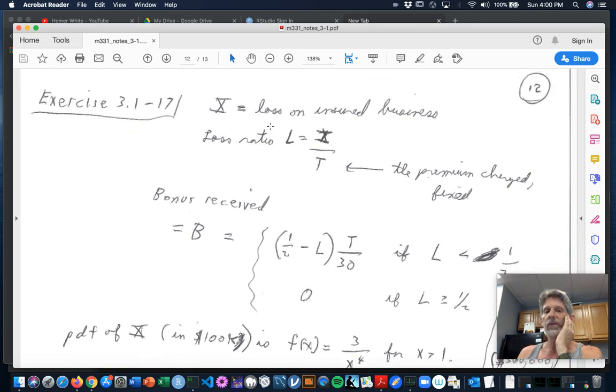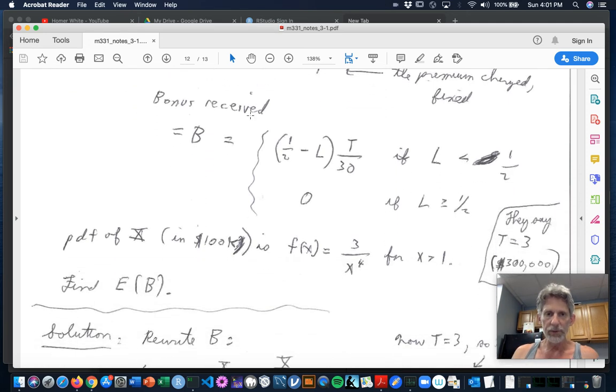So to incentivize insurance salespeople to seek out and find and woo those safe businesses, you might give a bonus to insurance salespeople whose companies experience low loss ratios. So let's say that the insurance company has something set up like that, and there's a bonus they'll distribute to the salesperson.